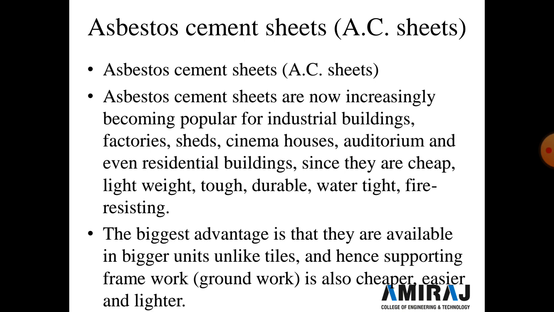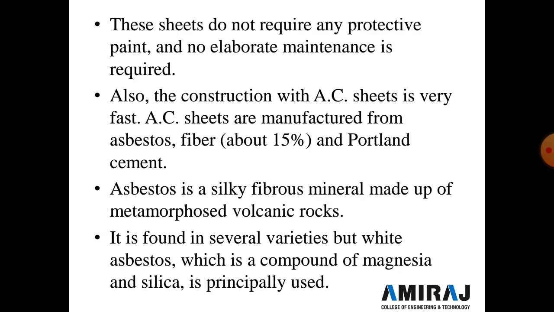The biggest advantage is that they are available in bigger units unlike tiles, and hence the supporting framework or groundwork is also cheaper, easier and lighter. These sheets do not require any protective paints, and no elaborate maintenance is required.